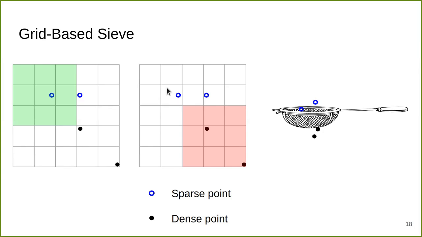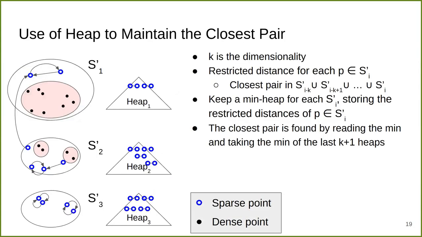In the example, we can see that actually the 2 sparse points are closer together than the 2 denser points. So this tells us that it's not sufficient to just find the closest pair in the last level. We have to do some bookkeeping to keep the closest pair in the dynamic data structure. Specifically, we use heaps to maintain the closest pair.